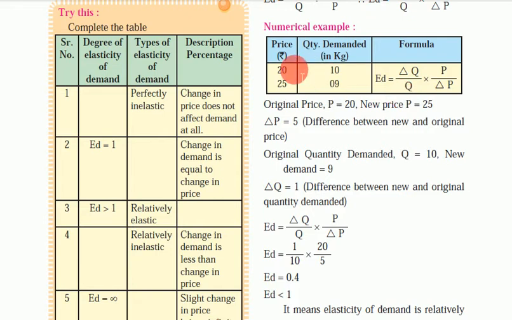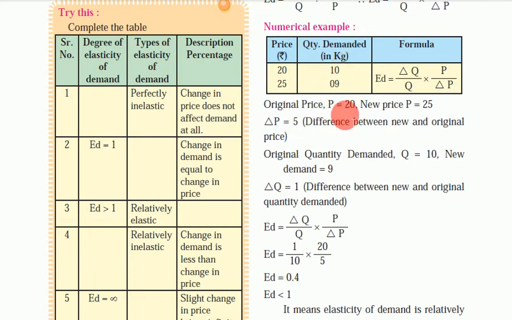First, the price was 20 and quantity demanded was 10. When the price increases from 20 to 25, demand decreases from 10 to 9. Here there is a change in price and a change in quantity demanded. We have to take the difference of the changes in price and in quantity demanded.